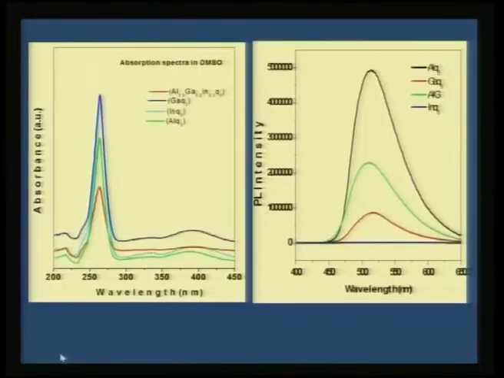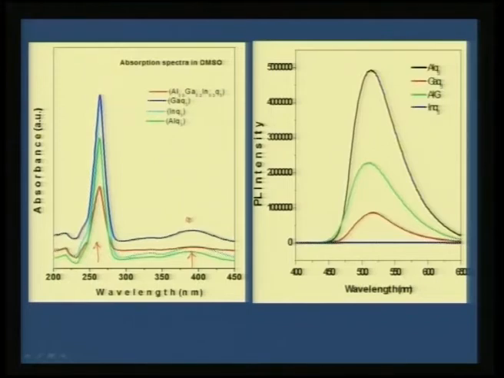But what is interesting that I would like to point out to you is the absorption spectra. You can see that the absorption spectra of AlQ3, indium Q3, gallium Q3 and AAG all show a similar feature, which means the pi to pi star transition and the n to pi star transition are happening at around 260 nanometer and somewhere around 380 nanometer.